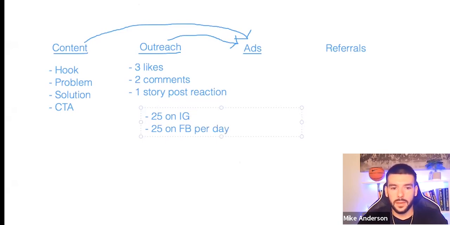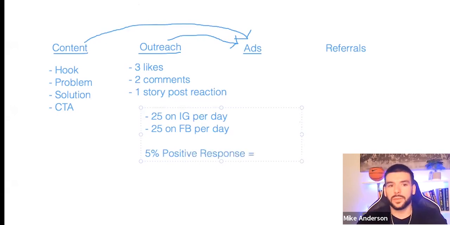So if you did that per day, and let's say you've got a 5% PR, positive response, over the course of a month that's going to be 50 positive responses. Doesn't sound like a lot, but what if 50% of those turn to calls? Now you're booking 25 appointments a month.